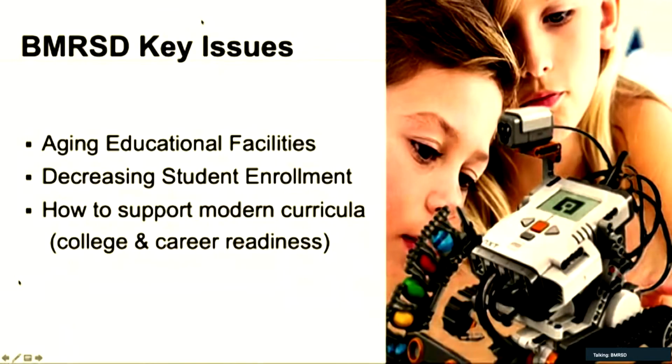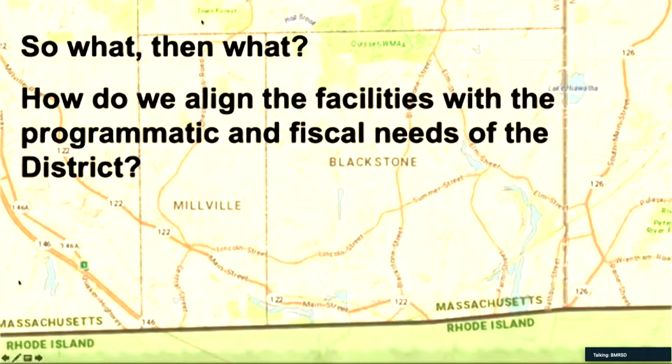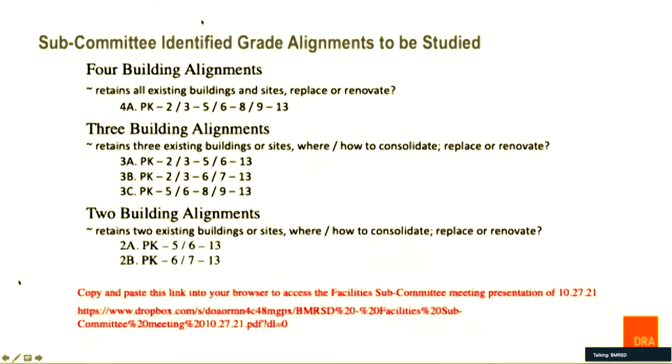So we land on the 3 key issues. You have aging educational facilities, a decreasing student enrollment, and a change in curriculum. And that was where we started to move into our third piece, which is how do you align educational facilities with what the data is telling us? So we looked at a number of grade alignments, and this once again was part of a facilities presentation on 10/27/21, and there was one additional configuration study here under 3D.